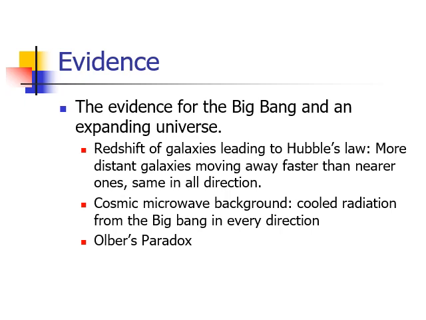Okay, so we have three pieces of evidence for the Big Bang and an expanding universe. We have redshift of galaxies and Hubble's law, with more distant galaxies moving away faster than nearer ones, and we can see that is the same in all different directions. We have the cosmic microwave background radiation, cooled radiation from the Big Bang, and that can be seen in every direction.